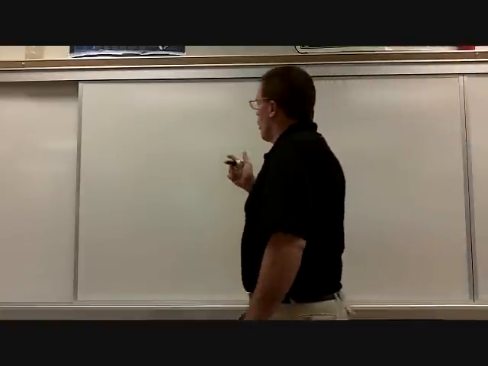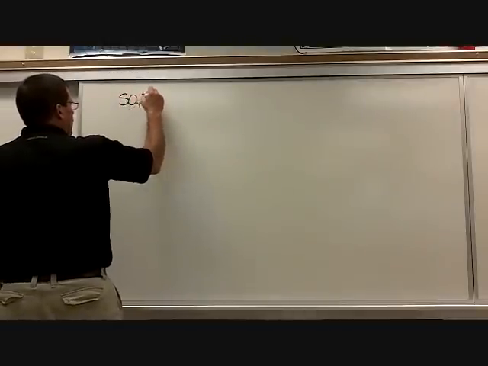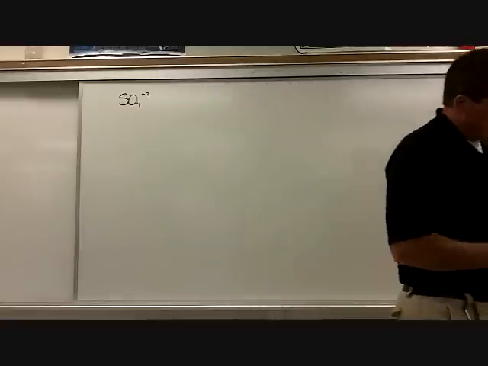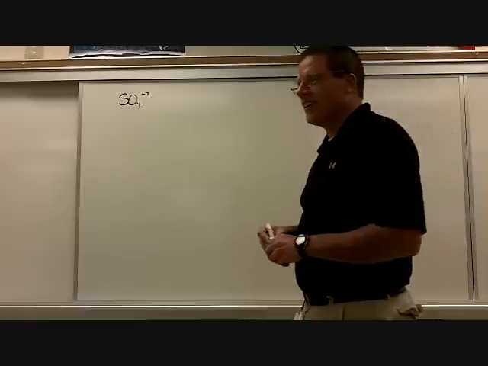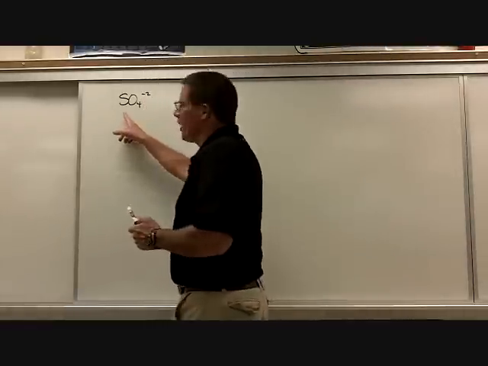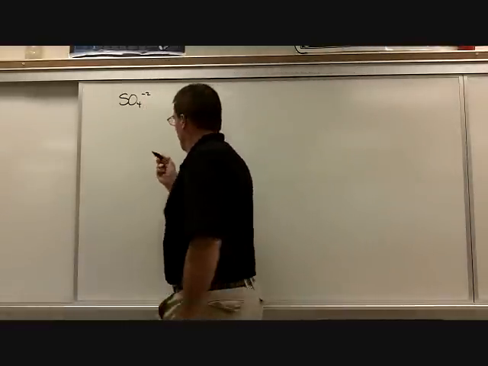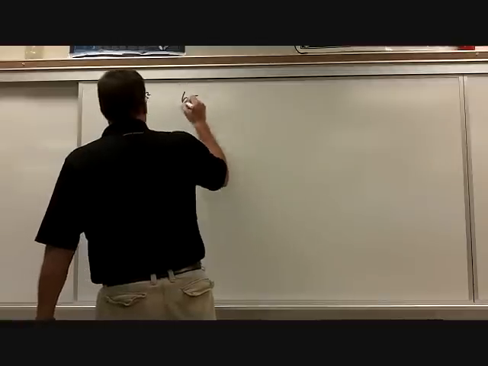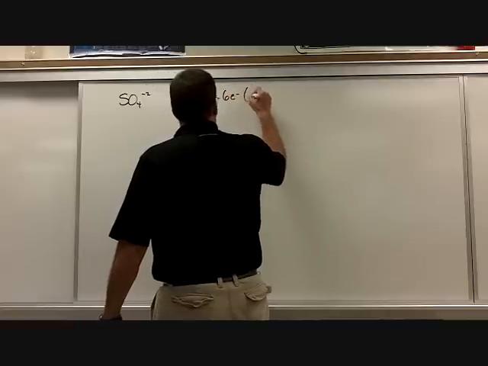But looking at sulfate, SO4 with a -2 charge, we still want to do the same thing. We want to find out how many valence electrons we have. So how many valence electrons does sulfur bring? 6. And how many does oxygen bring? 6. And we have 4 of those.